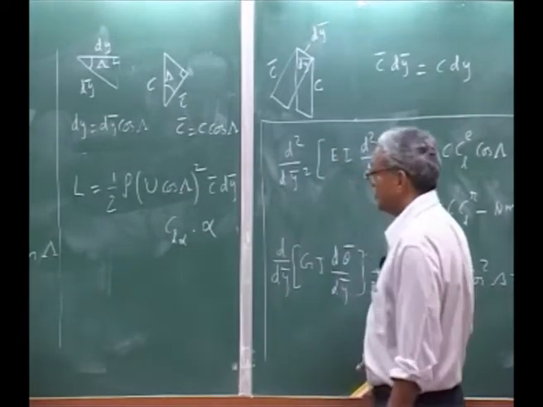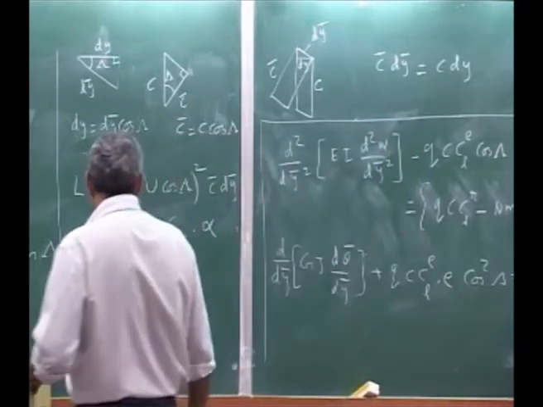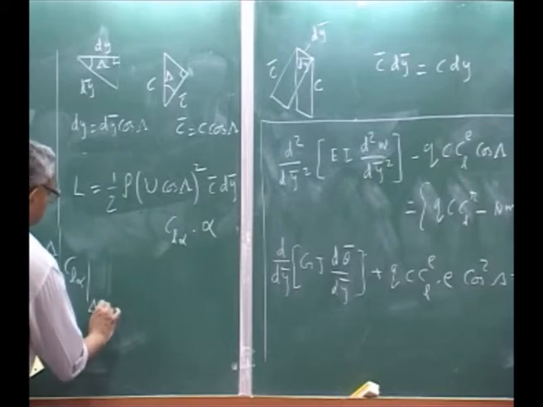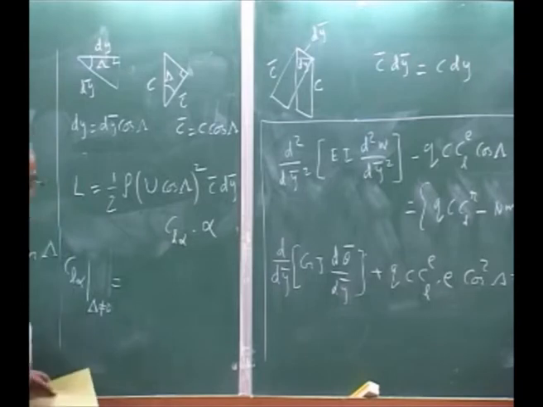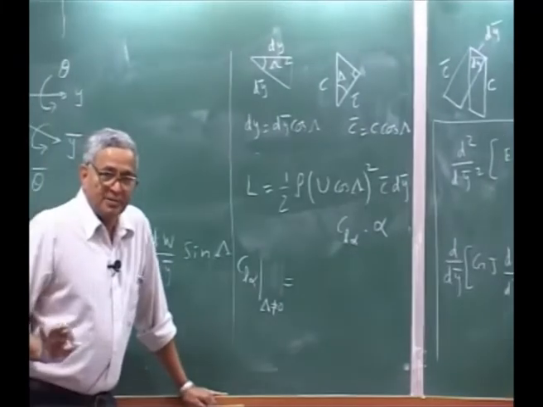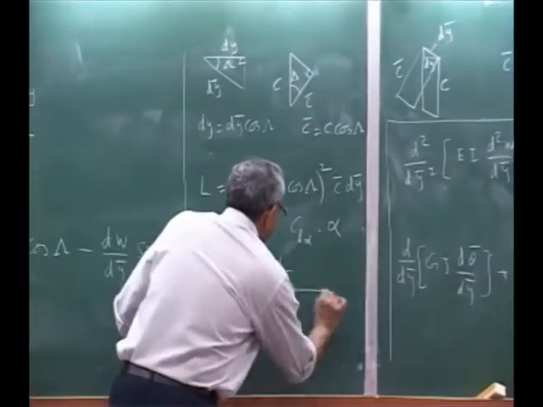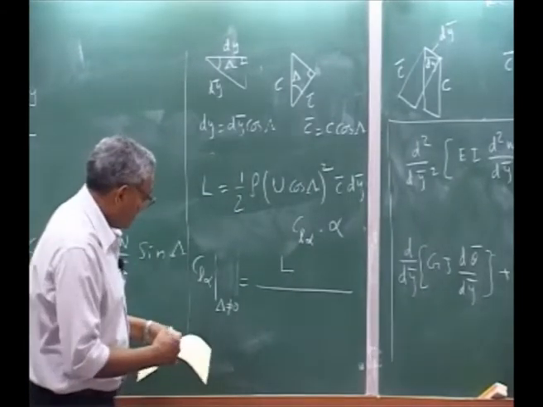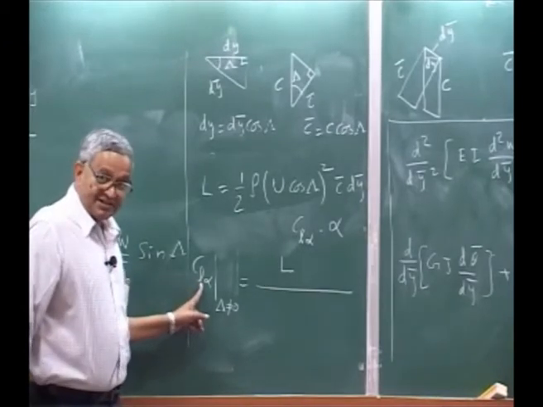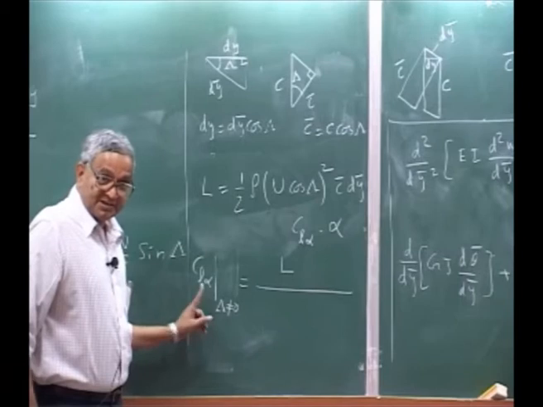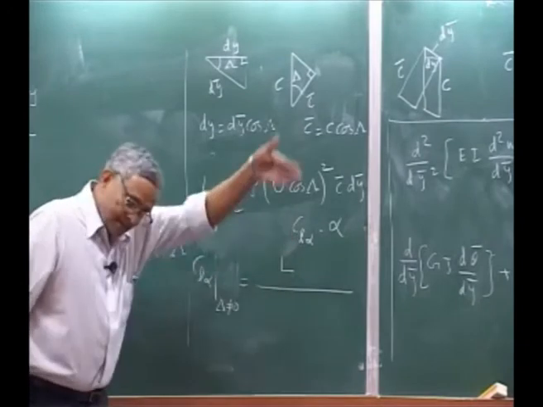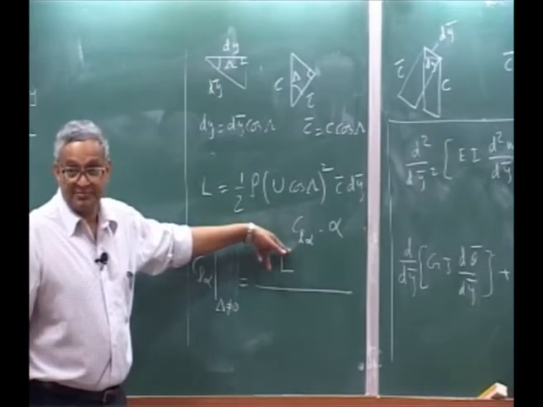Now the question is, what is my CL alpha when the sweep is not equal to 0? I have lift divided by half rho. Please understand, this is streamwise CL alpha, and this is normal flow CL alpha.